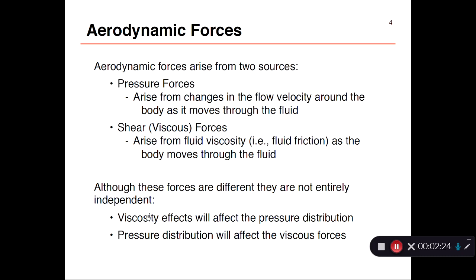If the viscosity causes the boundary layer to grow, which changes the effective shape of the body, perhaps even causes the body to stall, it changes the pressure distribution. Likewise, if you have an adverse pressure gradient, that means if the pressure is rising, the boundary layer may get separated. So these are not really two different phenomena. They are interconnected to each other.